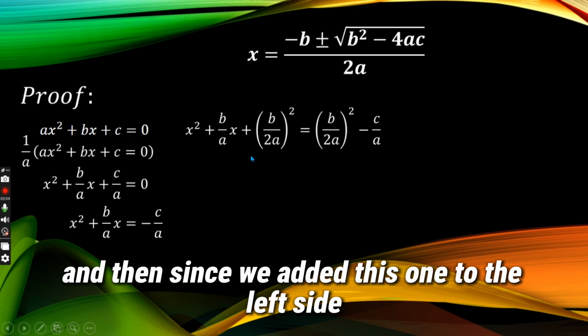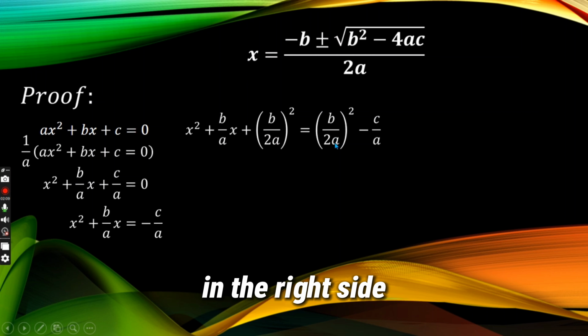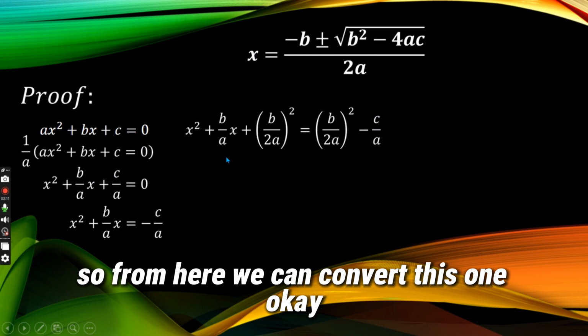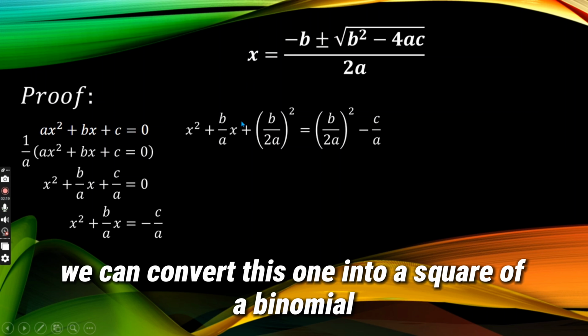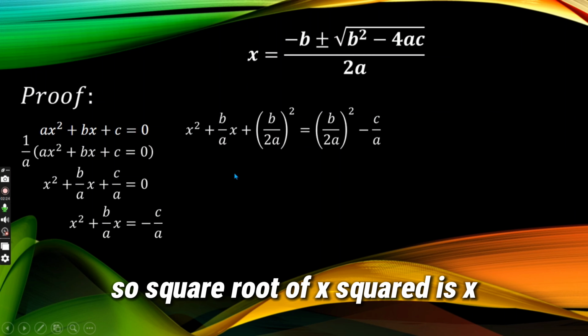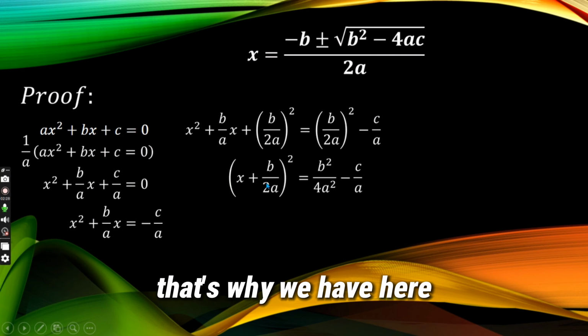Since we added this to the left side, we should also include it on the right side. Now we can convert this perfect square trinomial into a square of a binomial. The square root of x squared is x, and the square root of this is b over 2a. That's why we have this here.